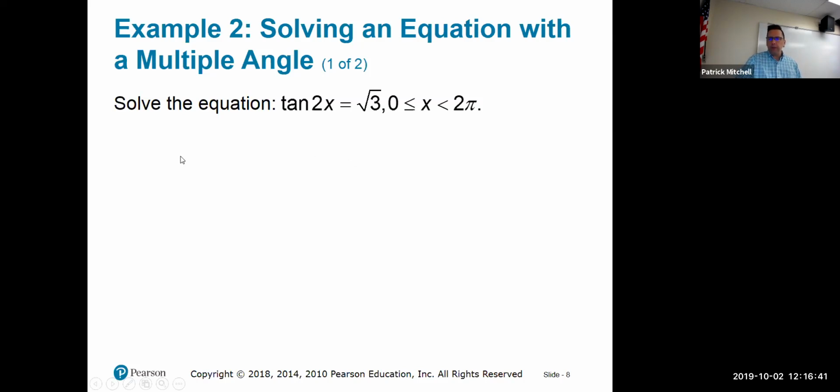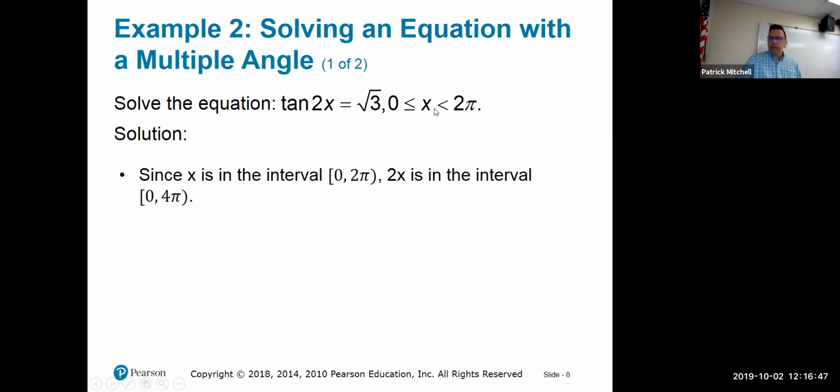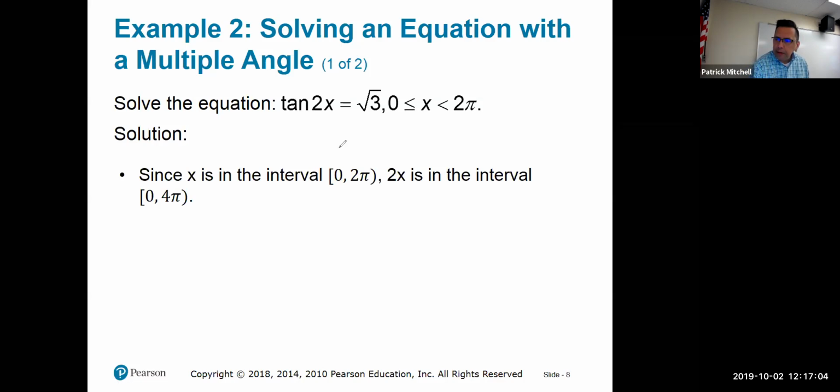Okay, so the way I like to do these is first I say, since the solutions that we're looking for are between 0 and 2 pi, that means 2x, which is what I'm taking the tangent of, can be between 0 and 4 pi. And the way that I did that was I just took the inequality they gave me and I multiplied everybody by 2.